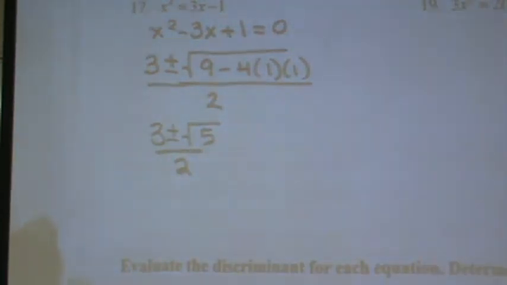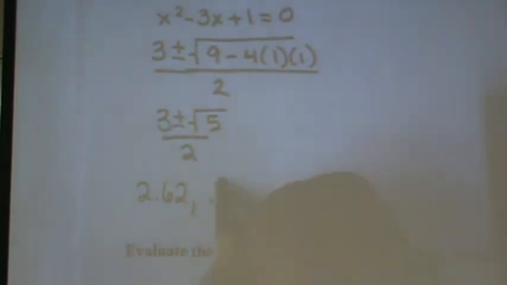There's nothing to simplify. Now, how would you convert these two answers into decimals? Well, if you clear your calculator, 3 plus the square root of 5 divided by 2 is approximately 2.62, and 3 minus the square root of 5 divided by 2 is about 0.38.